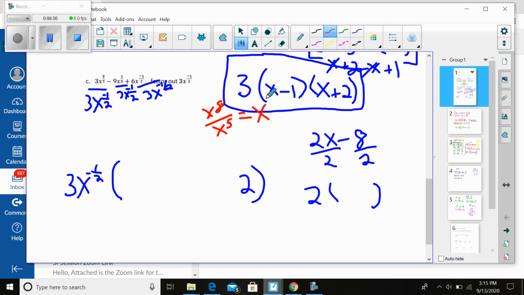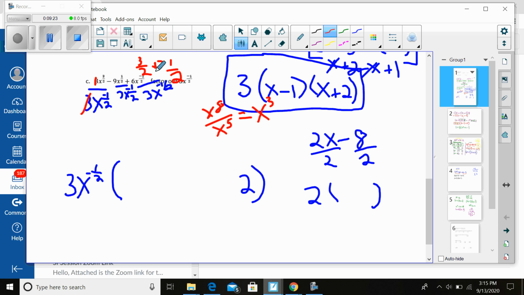Okay, so I follow that same rule here. So let's see, we'll do the easy part first. The 3's are gone, right? Now I have to subtract the exponents. Okay, so what is 3/2 minus minus 1/2?